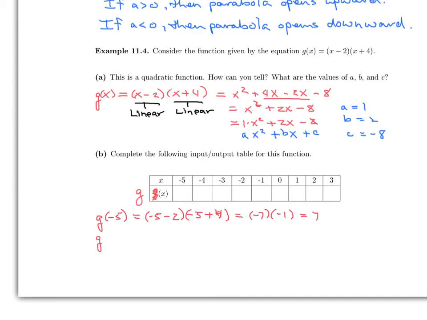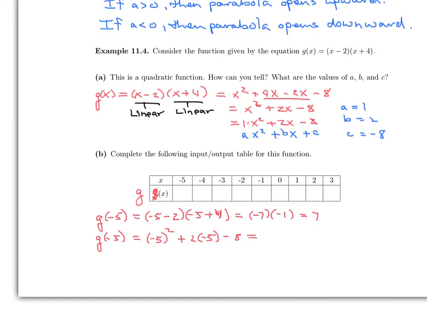Alternatively, we could have calculated the output by substituting negative 5 into our other version of the quadratic function. Let's try that. If I substitute negative 5 into that version, I would take negative 5 and square it. Then I would add 2 times negative 5, and then subtract 8.